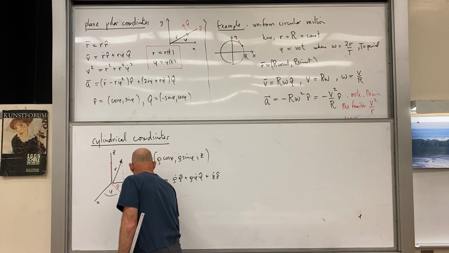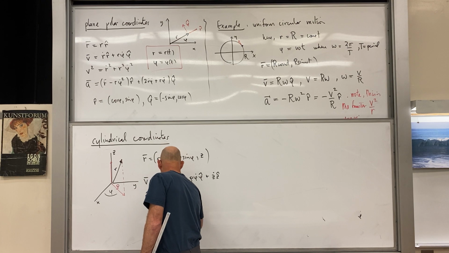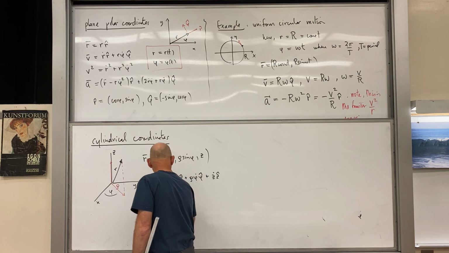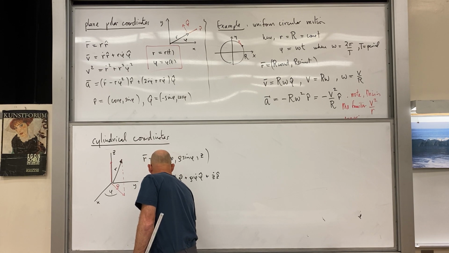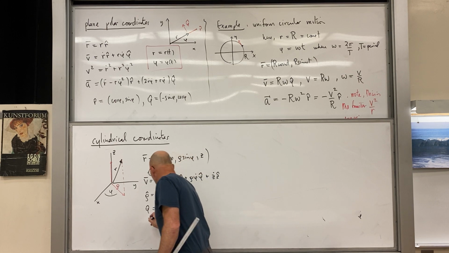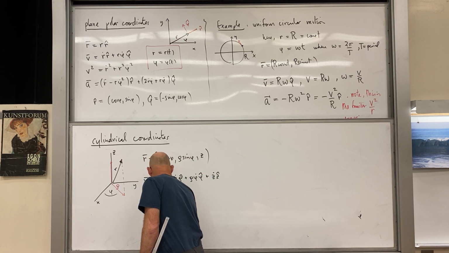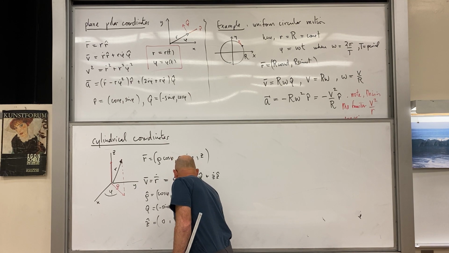We've got rho hat is equal to cos phi, sine phi. Phi hat is equal to minus sine phi, cos phi, just what we had before. And of course, z hat is, I see, 0, 0, 1.